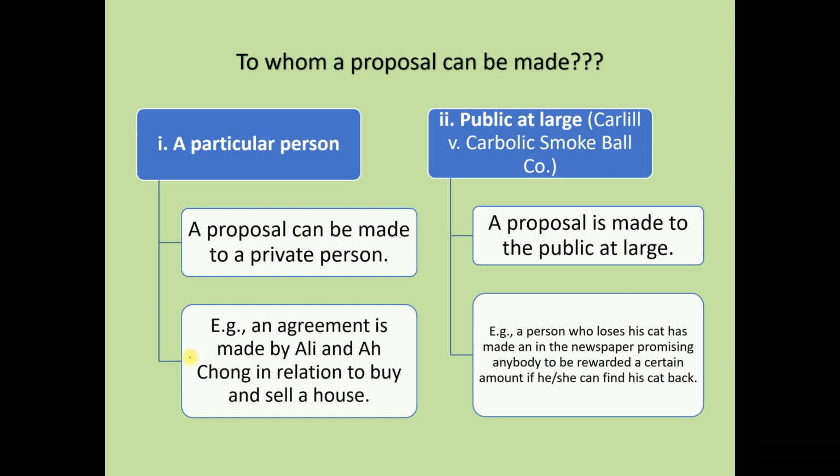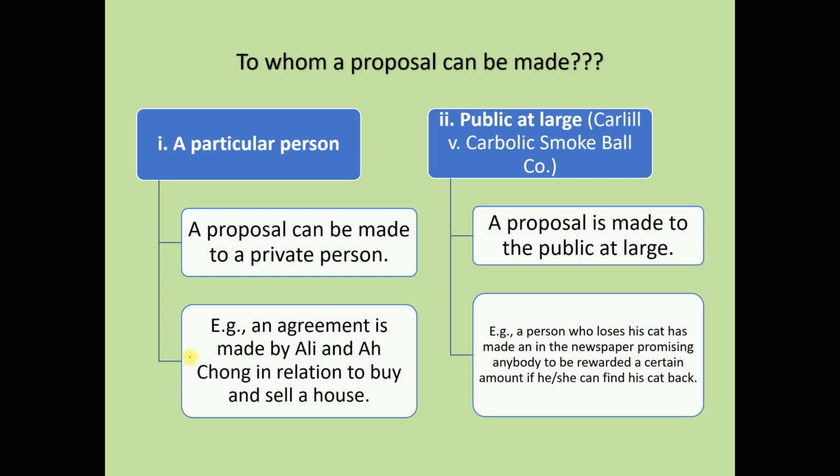Okay, another issue is to whom a proposal can be made. The proposal can be made either to a particular person or to the public at large. To a particular person is very common, whereby a promisor directly offers something to the promisee, so there is an identified promisee.